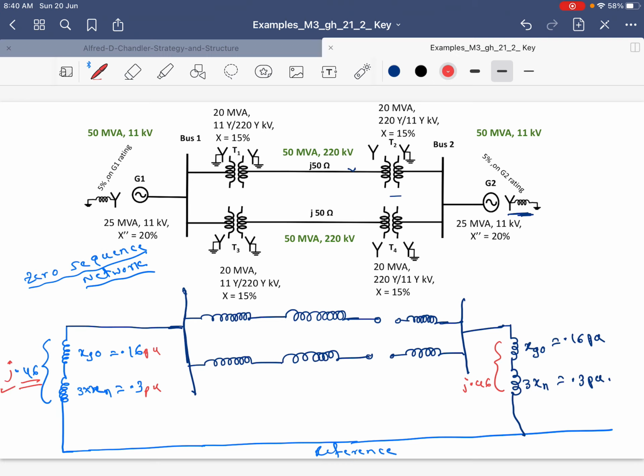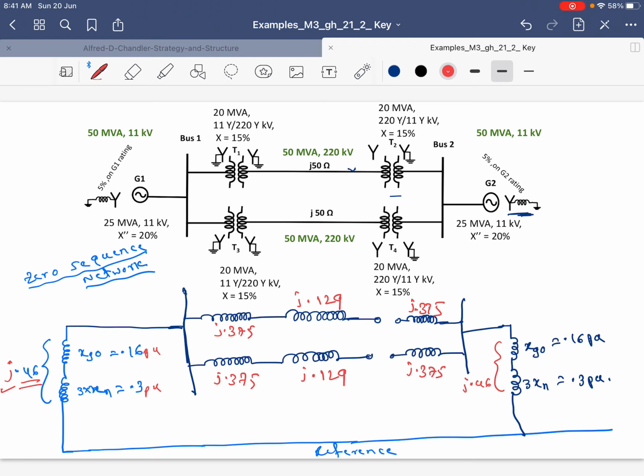It is also j0.46 here. And the other reactances for the transformers are once again j0.375, j0.375, j0.375, j0.375, and for the transmission line it will be j0.129.